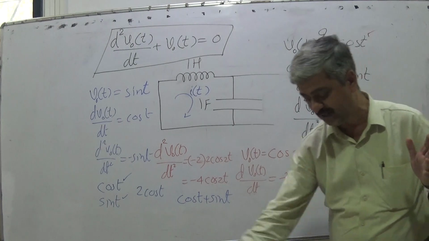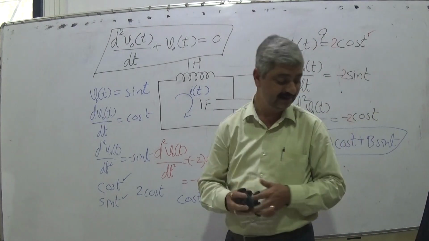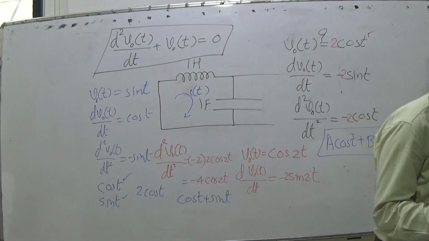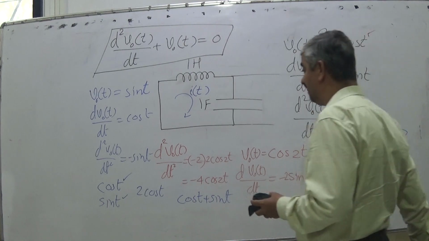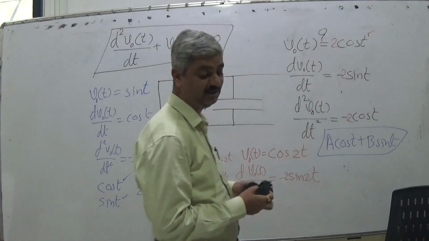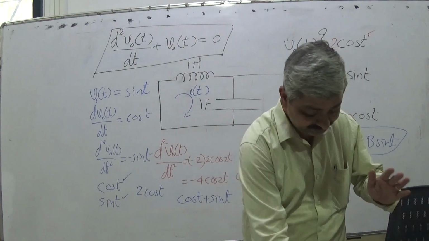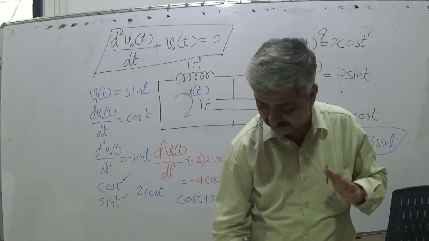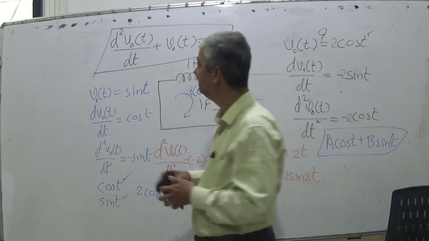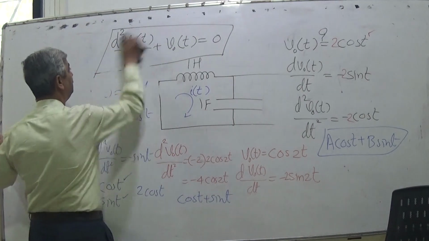I will give you some hints for the solution, and I expect that after a few days, one or two weeks, it should be possible for you to come up with the method of solving the differential equation. And one more thing: all this discussion is not in a vacuum.